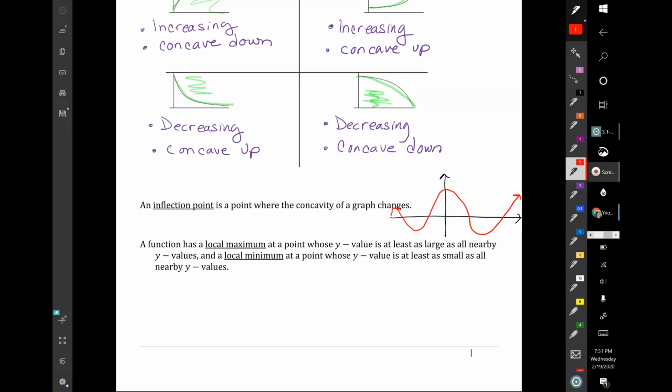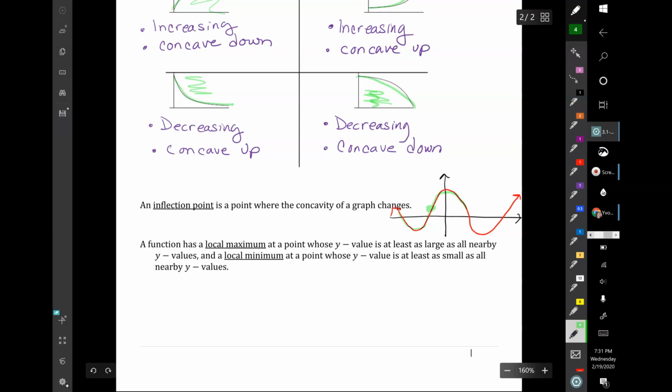Okay, so the inflection point is where it changes. It's not the actual curve itself. It's where it switches. So I'm decreasing here, and then I start increasing, and it's like this midpoint right in there, and then it switches over.